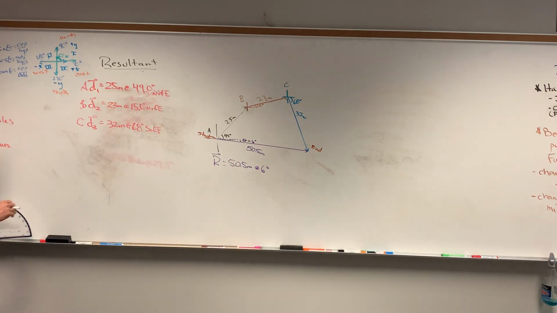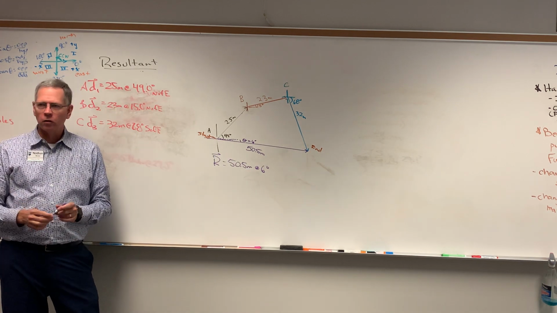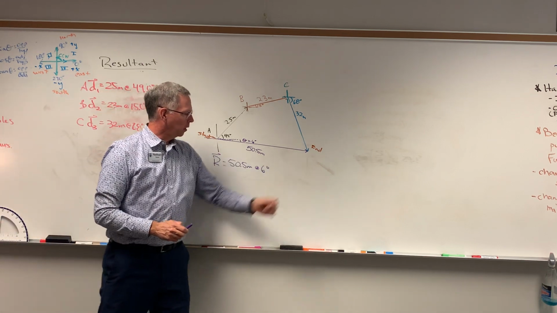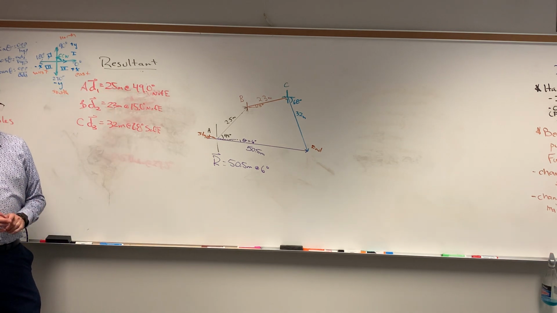Now there is some room for error, because your pencil has thickness to it in determining where you stop the lines. You need to draw them as accurately as possible.